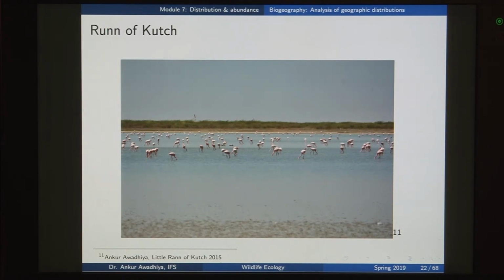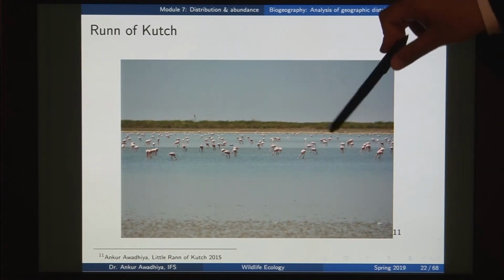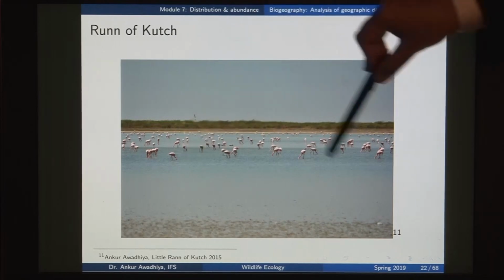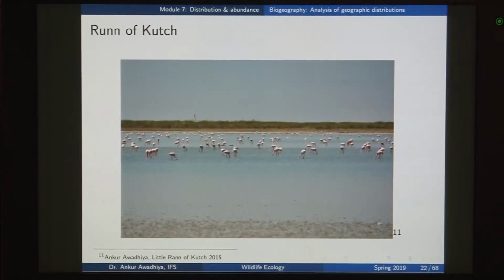So, if you talk about why this bird is found in this area, you again have to make a correlation with the requirements of the bird. So, this bird requires water, it is feeding on the organisms that are found in water. So, it will only be found in areas that have water, plus it has other requirements. So, typically these flamingos come here and they also breed in these areas.